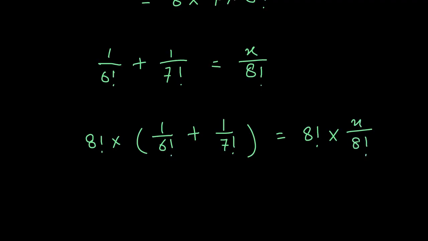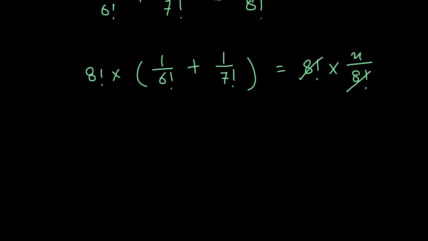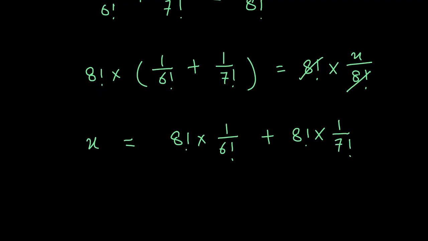We can see that this factorial 8 and factorial 8 cancel, and we can write x on the left side equals factorial 8 times 1 by factorial 6 plus factorial 8 times 1 by factorial 7.